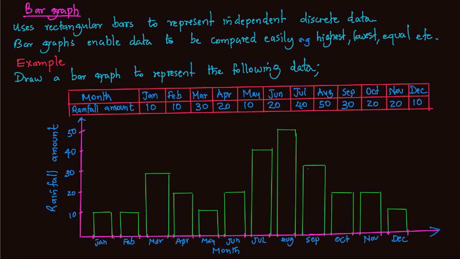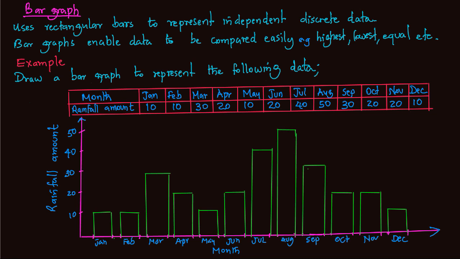The scale must fit all the data given in the table. And when we draw the bar graph, it appears as shown in the diagram.